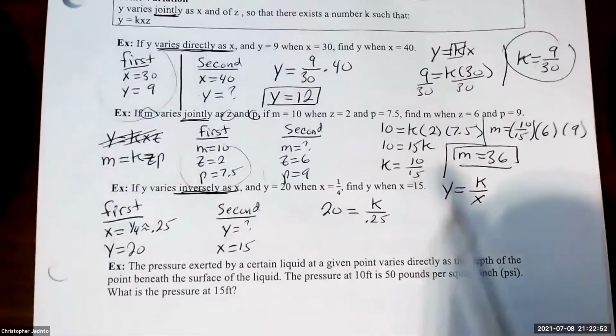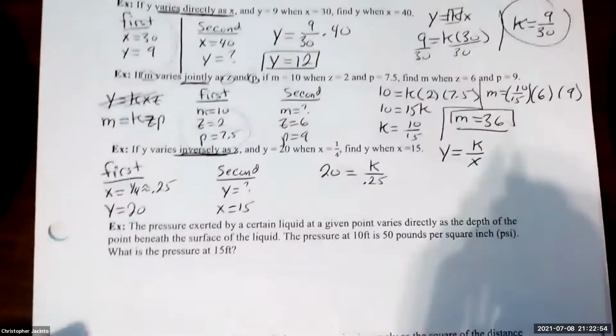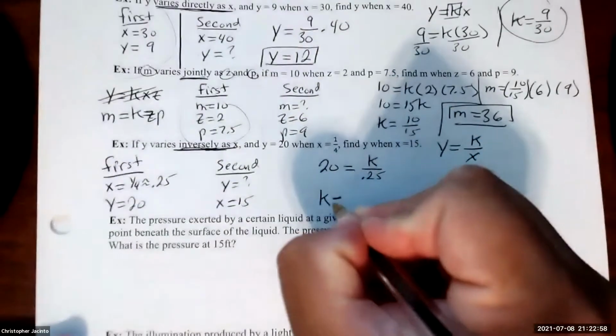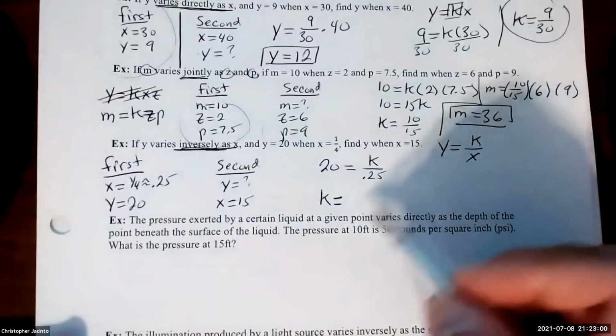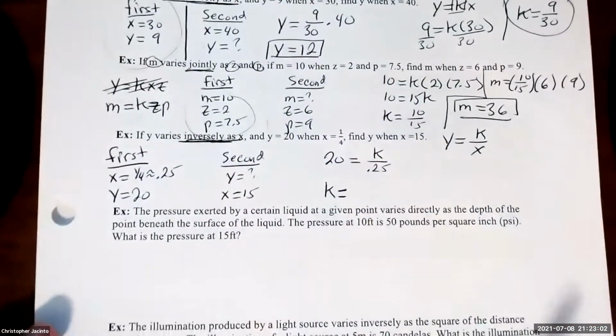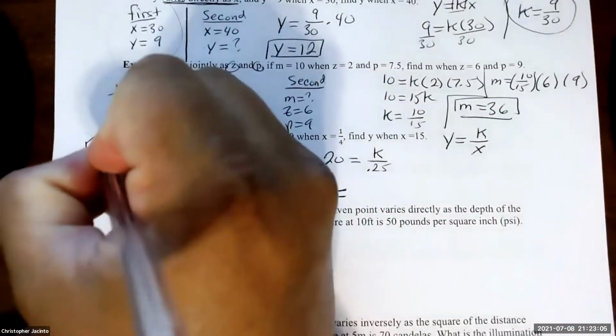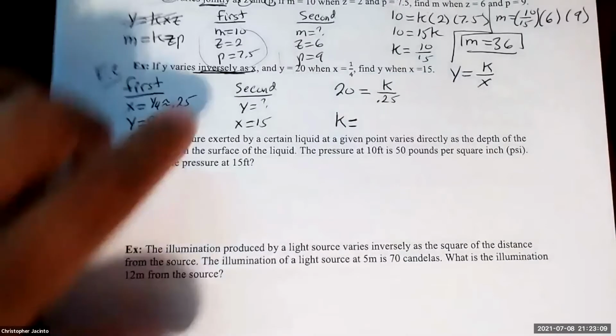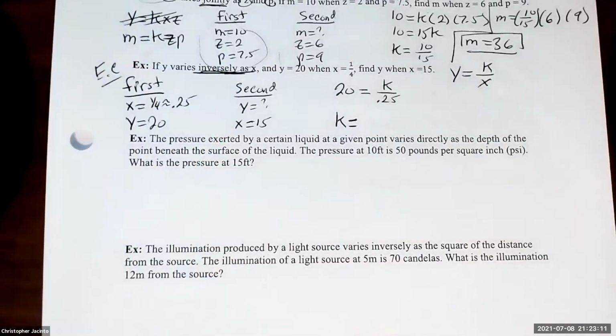So in this case, instead of dividing, we're going to be multiplying, right? So I'll let you guys finish. What is k going to be? And what is y going to be? So there you go. Go for it. I'll give you guys a minute or two to find what k is, and then finish the problem.